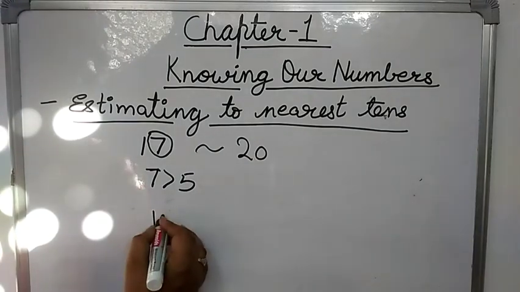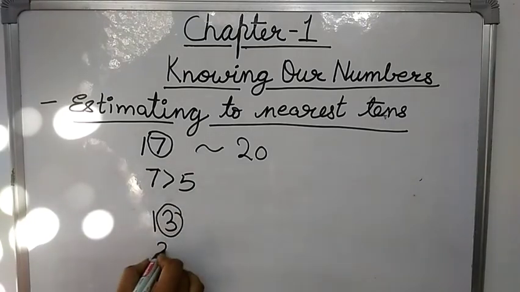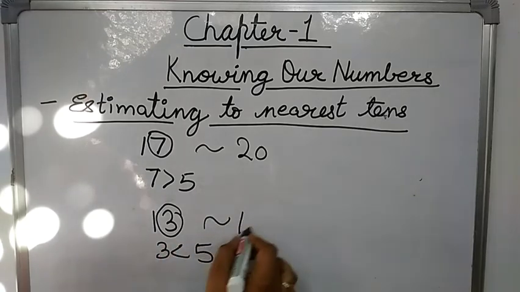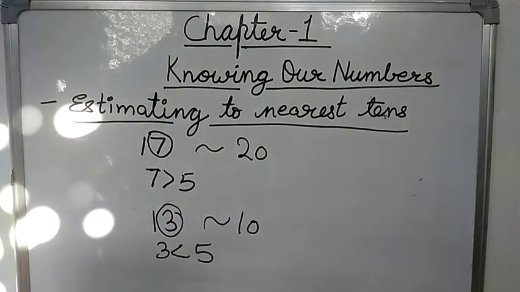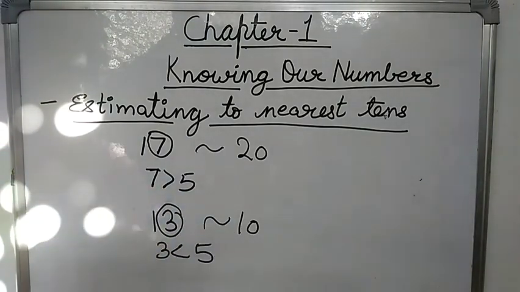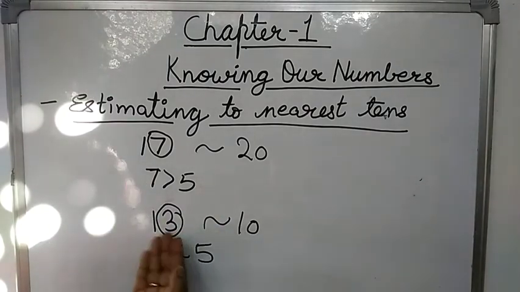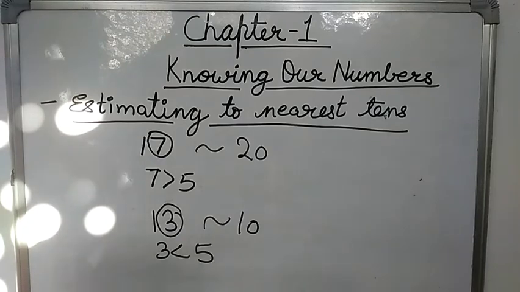If the number is 13, this 3 is less than 5, so it will be estimated as 10, because previous to this, 10 is the nearest to 13. So this is how we do estimating to nearest tens.